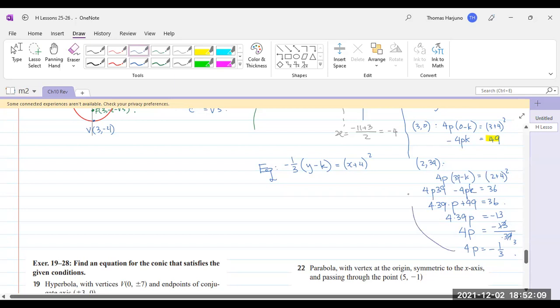How to find the k? Oh, we know that 4p is negative 1/3. So negative 4pk equals 49. It's negative 1/3 times k equals 49. So k equals 49 times 3. That's 147.